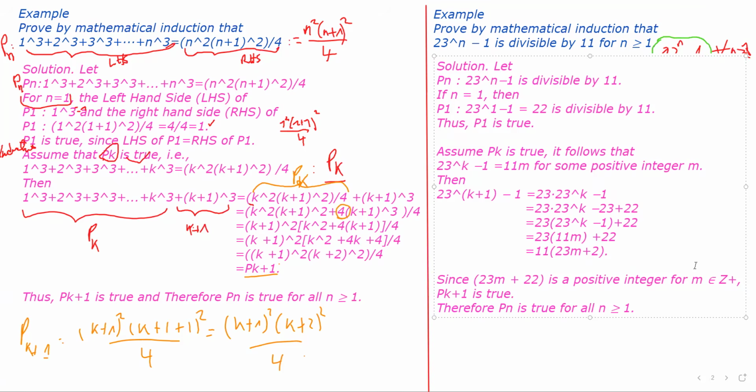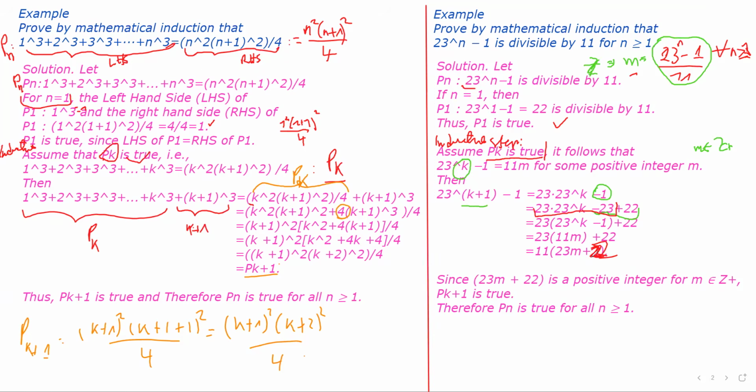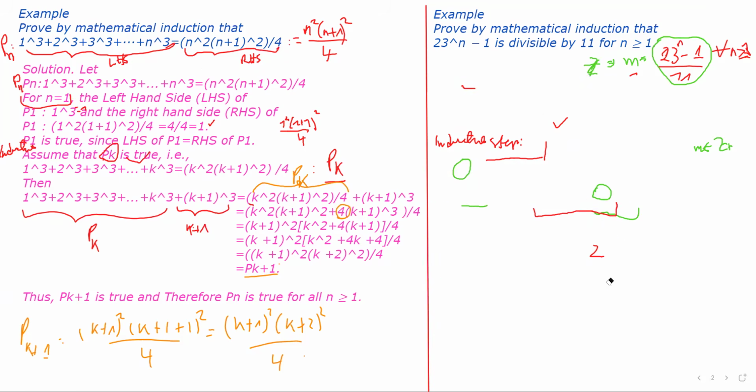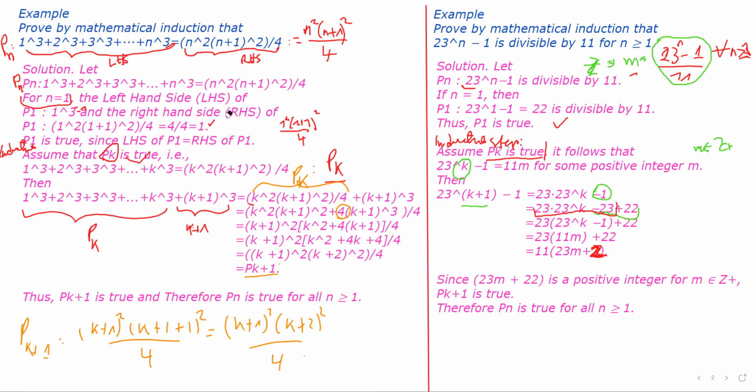So immediately we should have here 23m plus 2.